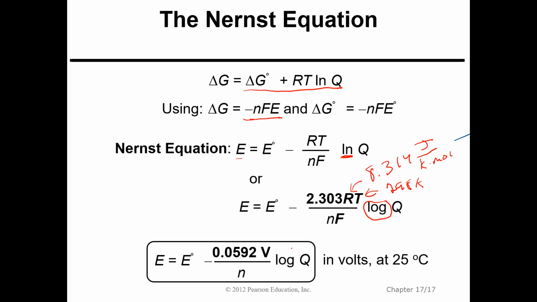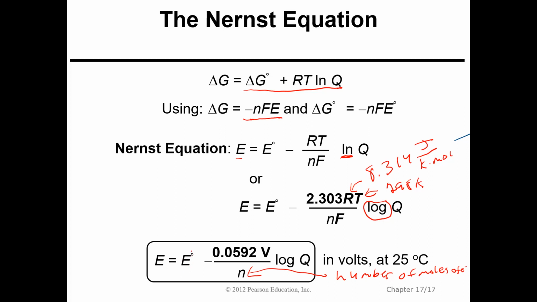Again, I'm not going to take this derivation step by step because the derivation is really not necessary here. What we're really interested in is this final equation. N is the number of moles of electrons that are transferred. Using this equation, we can calculate cell potential under non-standard conditions when we know the standard cell potential.